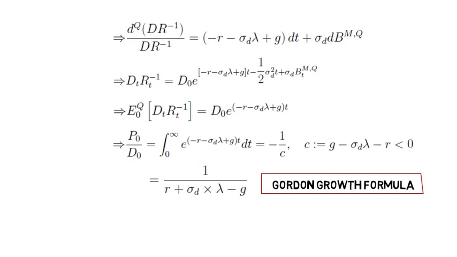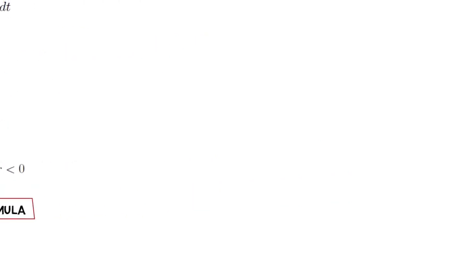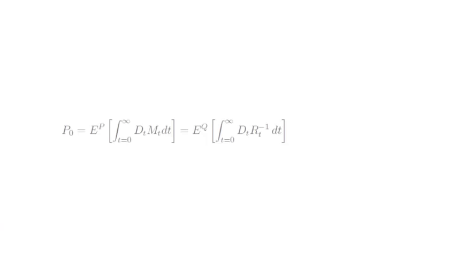So if you combine that with the other video on deriving the Gordon growth valuation for equity with the stochastic discount factor, you basically note that we've shown by example that the following holds. The price of any asset can be calculated two ways.